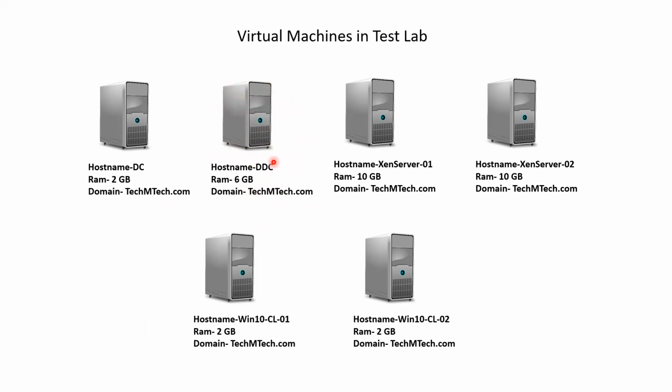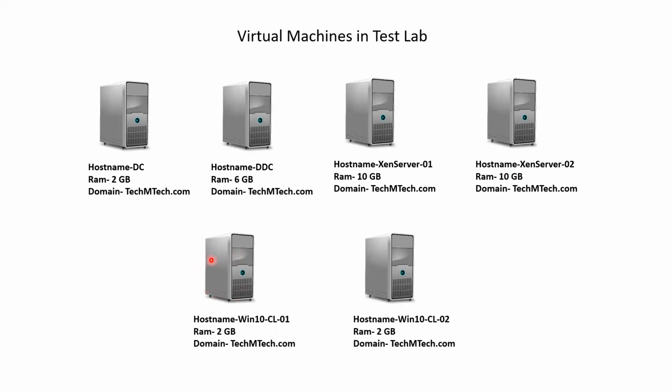All those Citrix components we can configure on that single server. And these two servers are the hypervisors on which we will host our virtual machines. The names I have given to these servers are Gen server 01 and 02. You can give names like Citrix hypervisor 01 and 02.